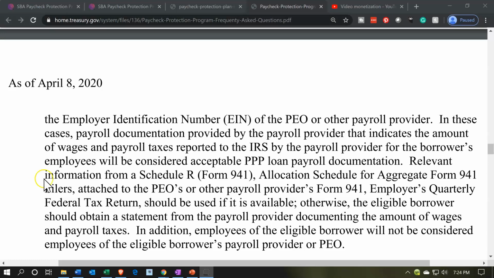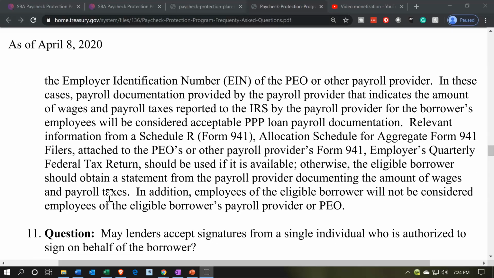In this case, payroll documentation provided by the payroll provider that indicates the amount of wages and payroll taxes reported to the IRS by the payroll provider for the borrower's employees will be considered acceptable PPP loan payroll documentation.